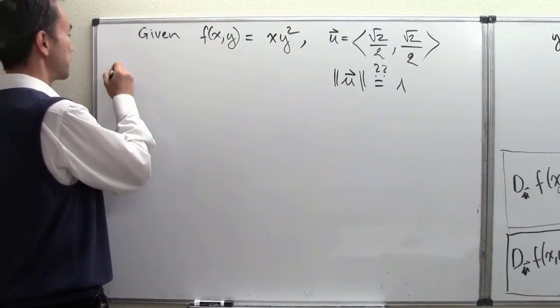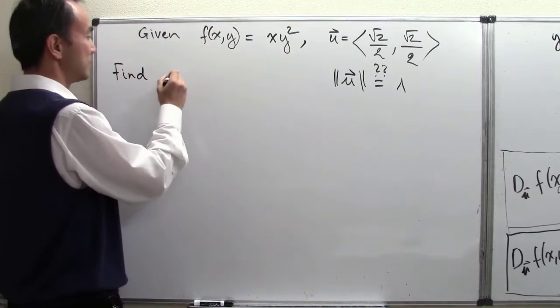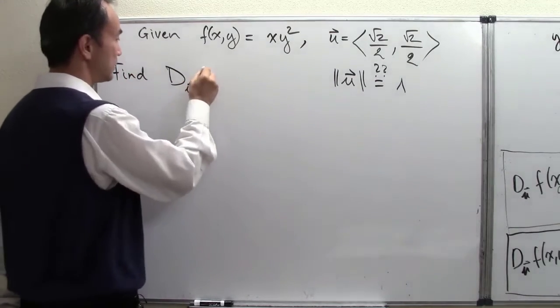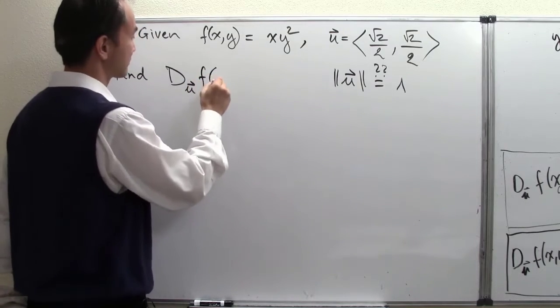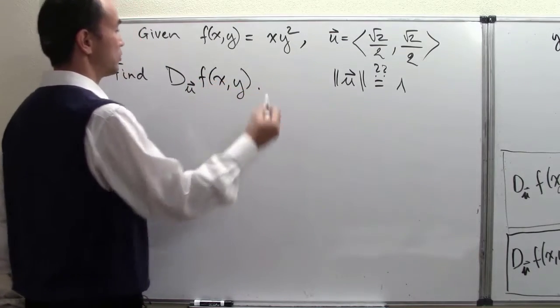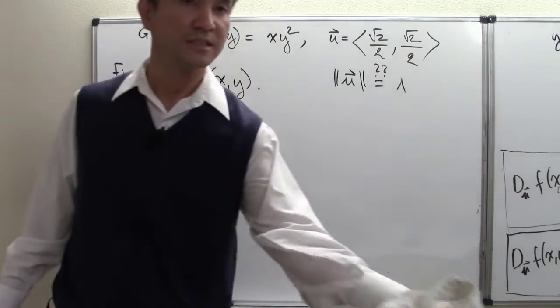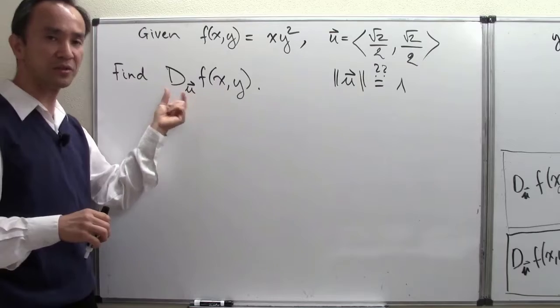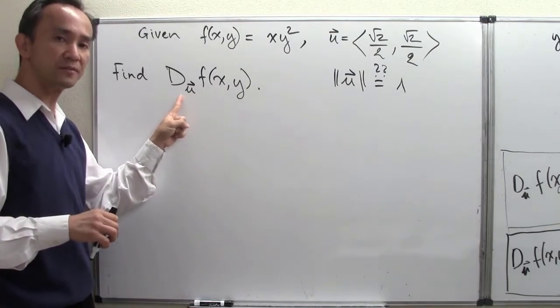All right, so now enough with that. We want to find, we want to calculate, and let's start using the symbols to formulate here. We want to find the directional derivative of this function along the direction of the given vector u.